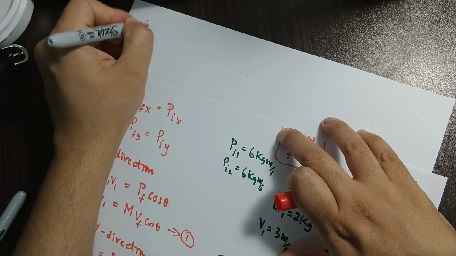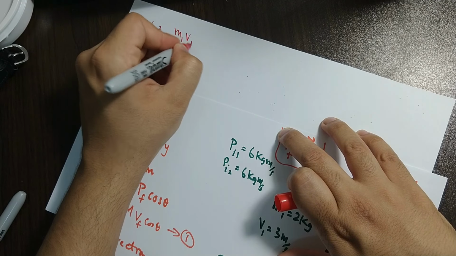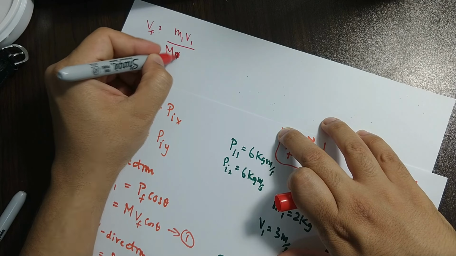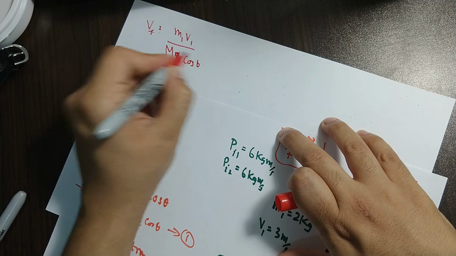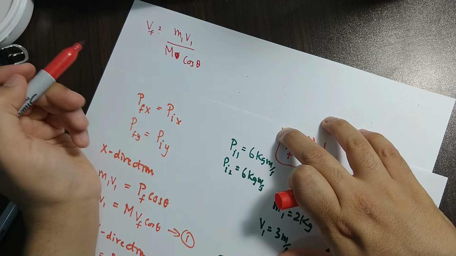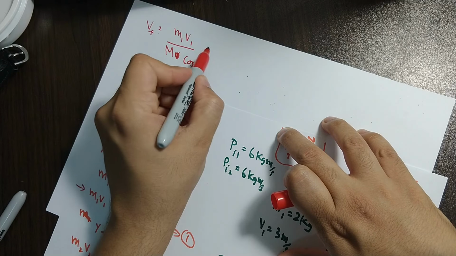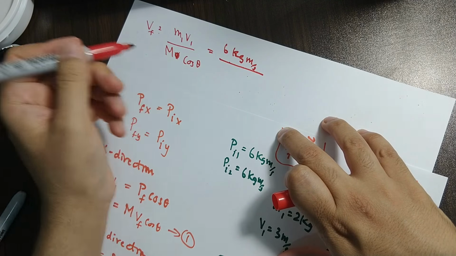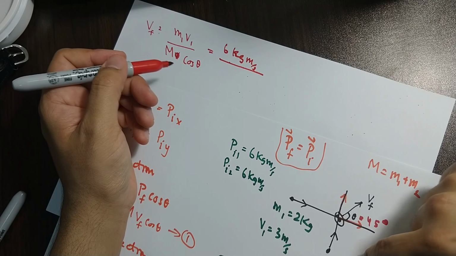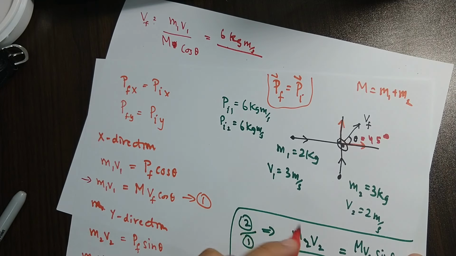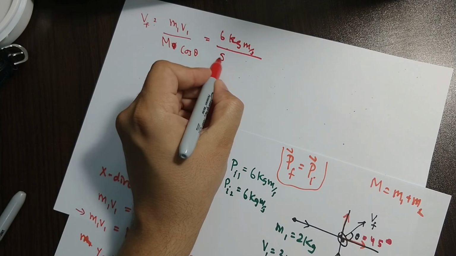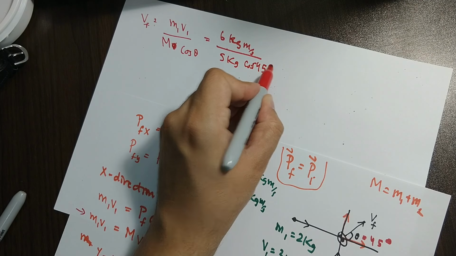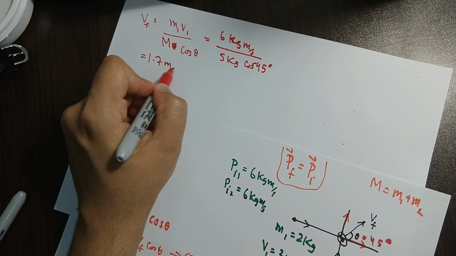So VF equals M1V1 over capital M times cosine theta. You can plug in the values: the product of these two is 6 kilograms meters per second. The capital M is the sum of these two masses, 2 plus 3, so you get 5 kilograms over here, and cosine 45 degrees. So that should give you 1.7 meters per second.